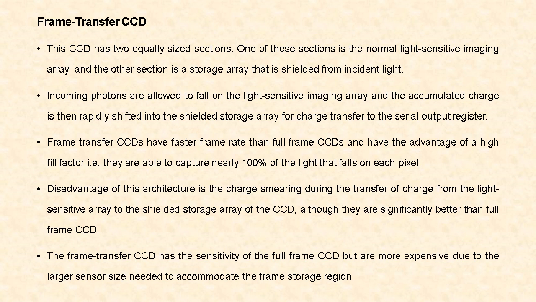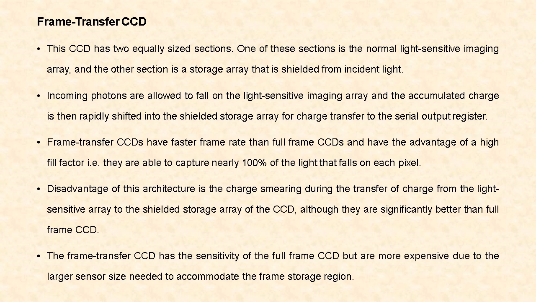Frame transfer CCDs have a faster frame rate than full frame CCDs and they have the advantage of high fill factor. That is, they are able to capture nearly 100% of the light that falls on each pixel.